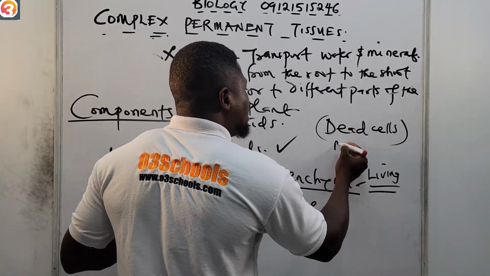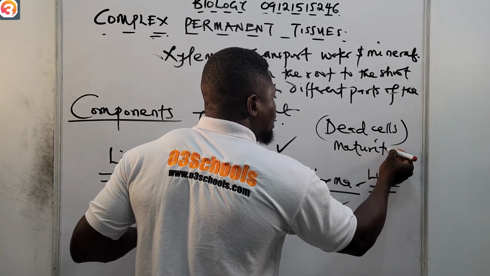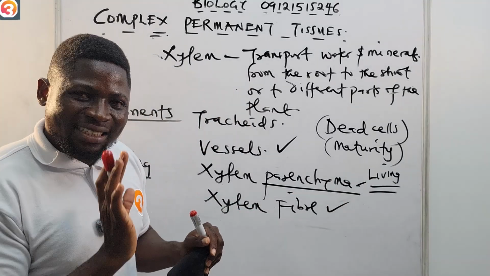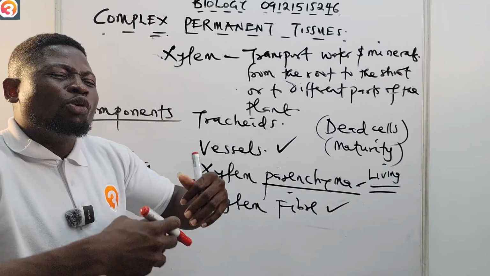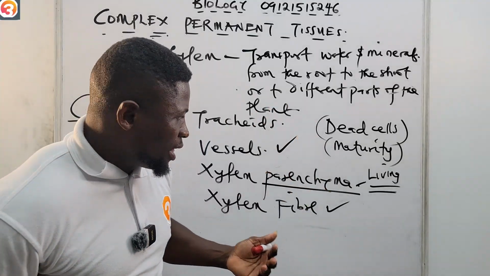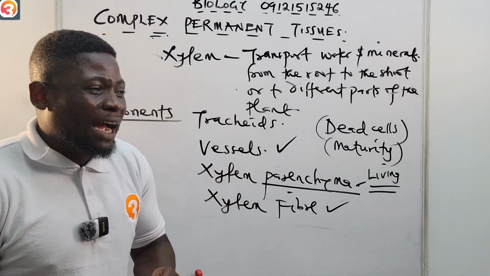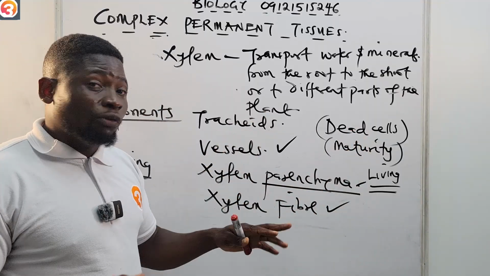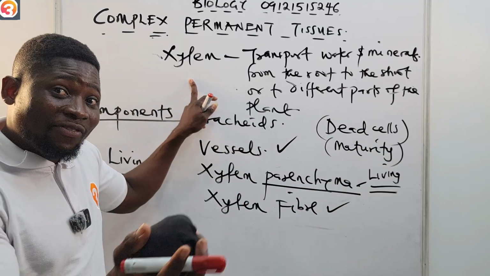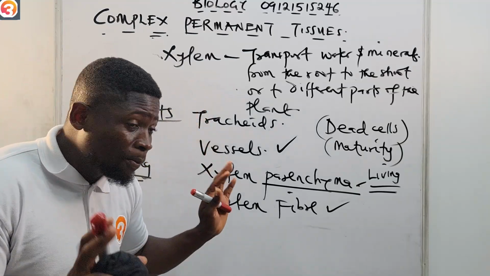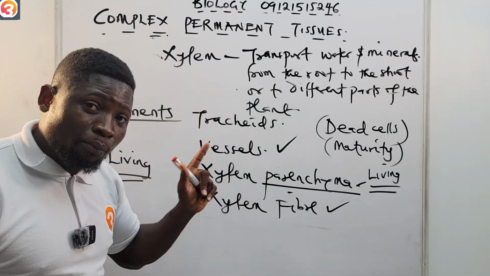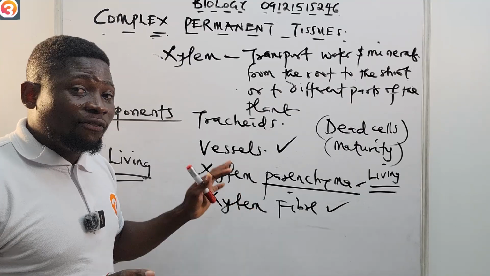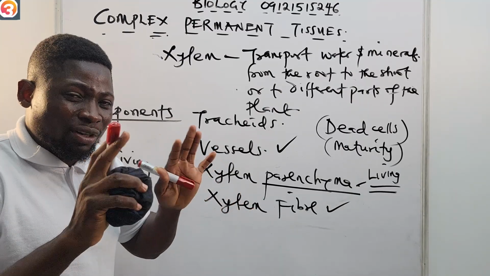But when they don't mature, the tracheids, vessels and fibers comprise dead cells too. So when we get to the phloem, you will know. But know this for xylem components: only the xylem parenchyma is living, while all other 3 have dead cells.